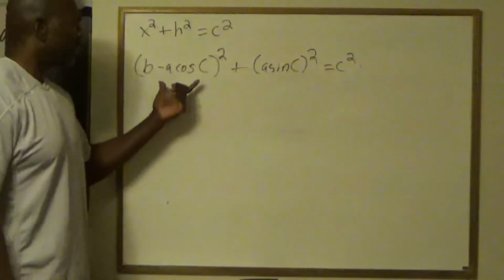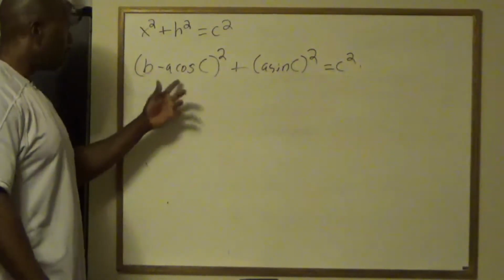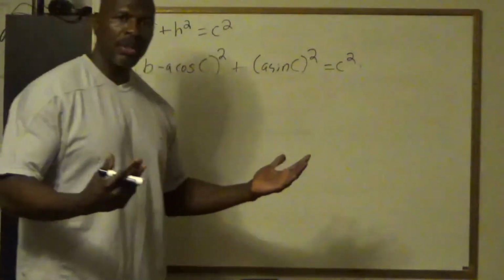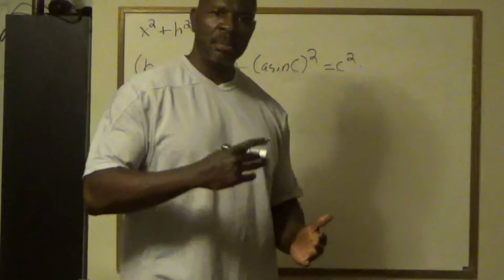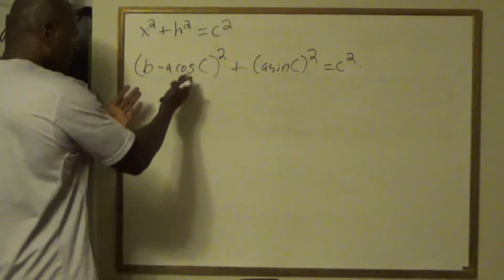Alright, so I need to square this. I'm squaring a binomial. So the formula I'm going to use here, you may be familiar with, is (a minus b) squared, which is a squared minus 2ab plus b squared. So consider this a, even though that's a b, and consider that b.